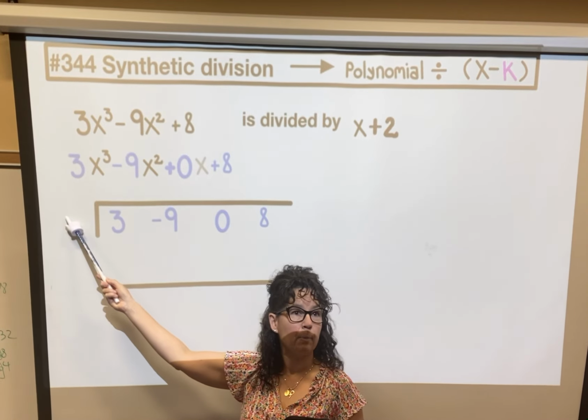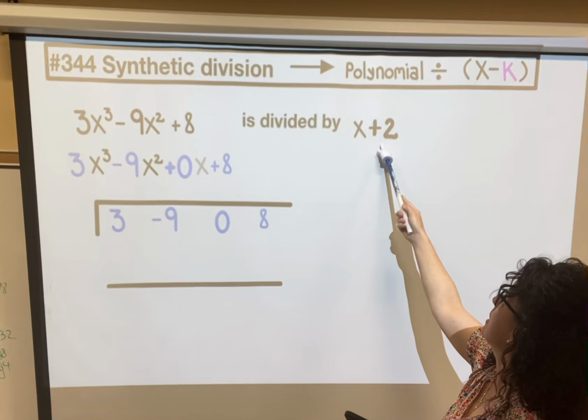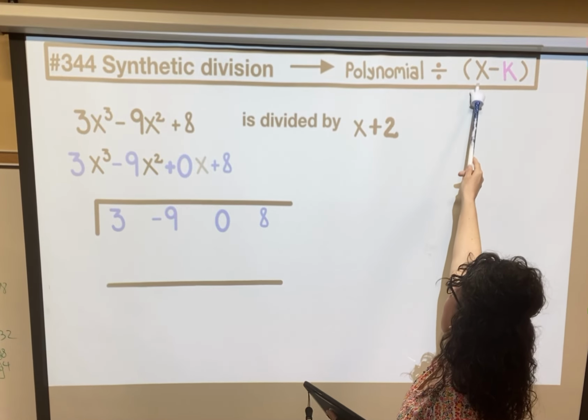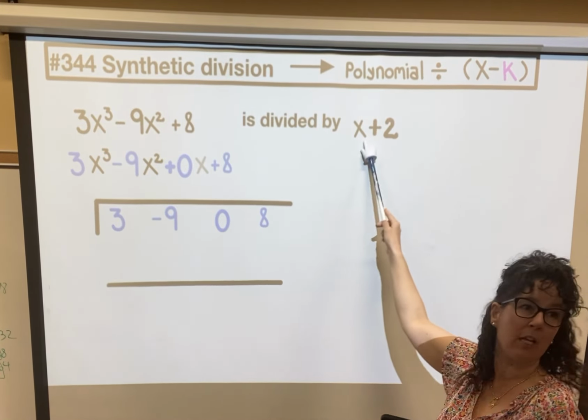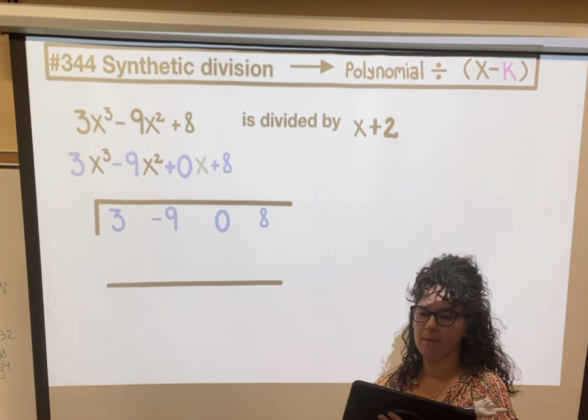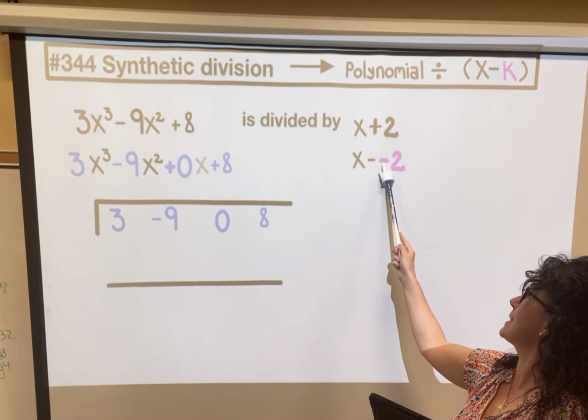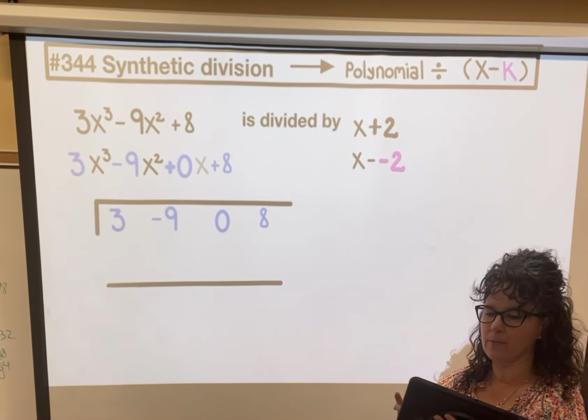The number we're going to put out front is k, and that comes from this. But we're dividing by x minus k, so we have to think about what is x minus what number. To turn this into subtraction, we have x minus a -2.